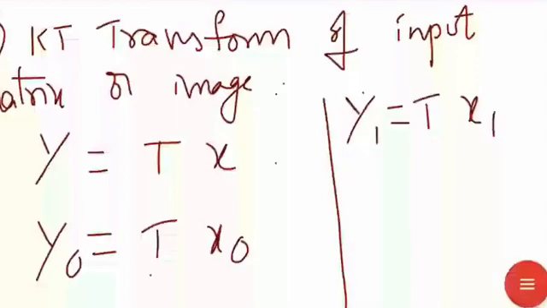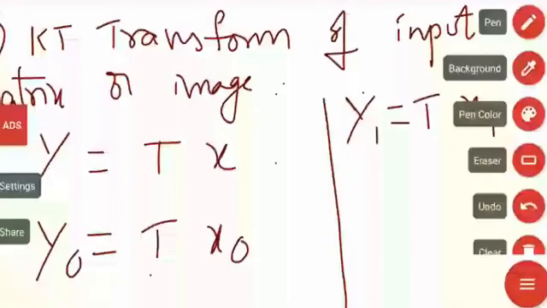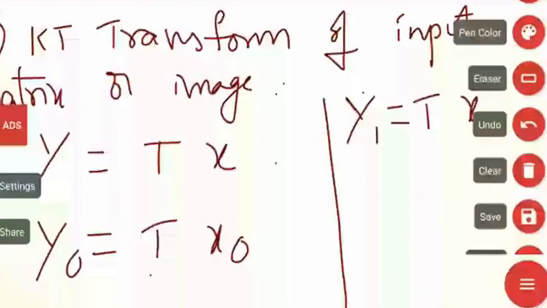Now y is nothing but y0, y1. Join the y0, y1 column vectors, then you can get the full matrix. So what is y0? The transformation matrix into x0.